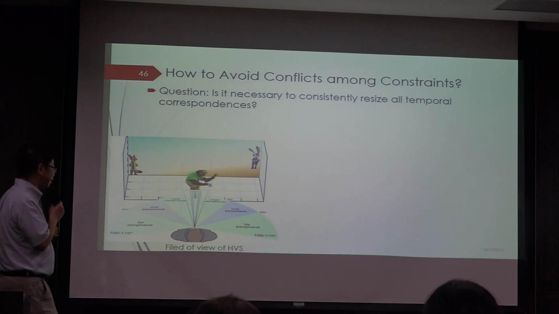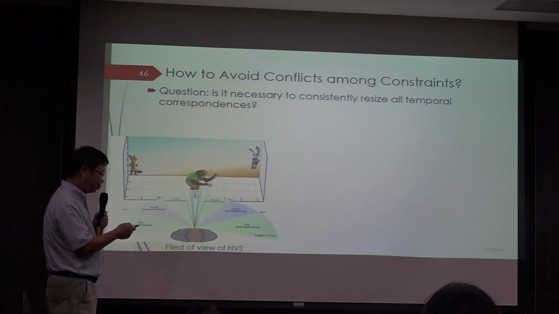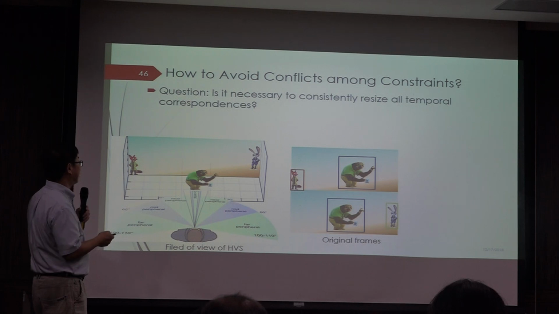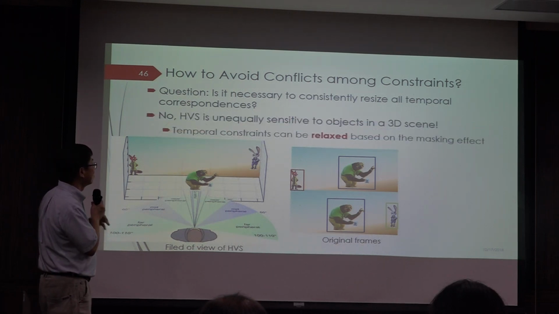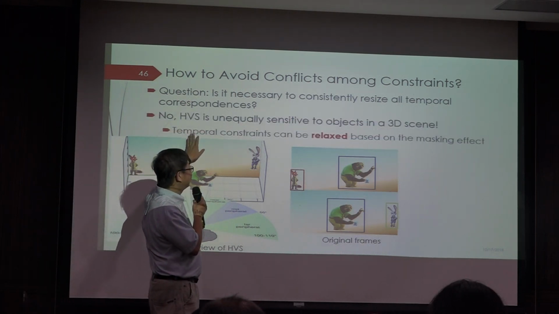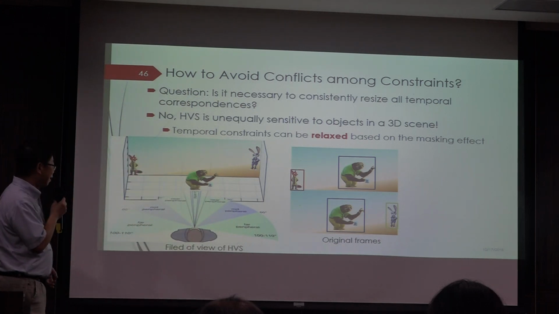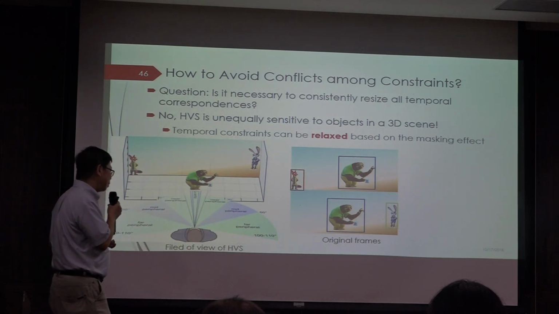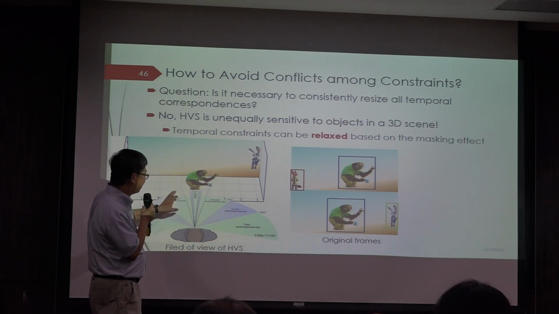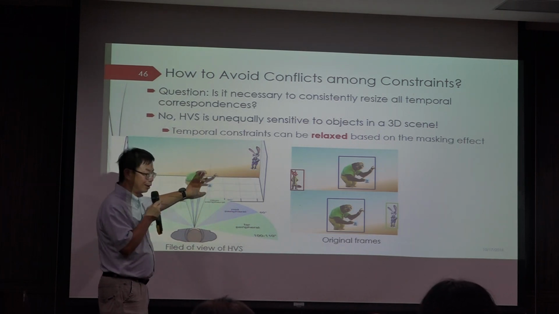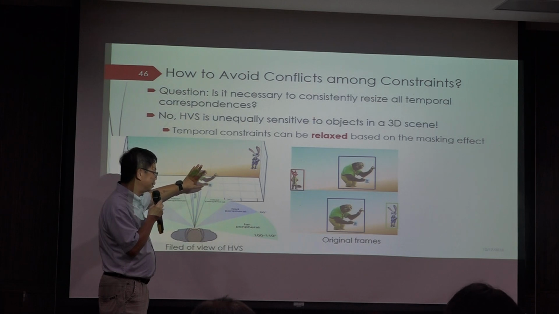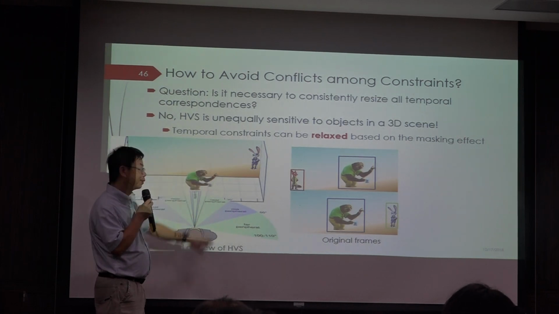But in general, our human visual system is actually not equally sensitive to all objects in the 3D scene. Our human visual system will be more sensitive to the objects in our central viewing field, like this one.